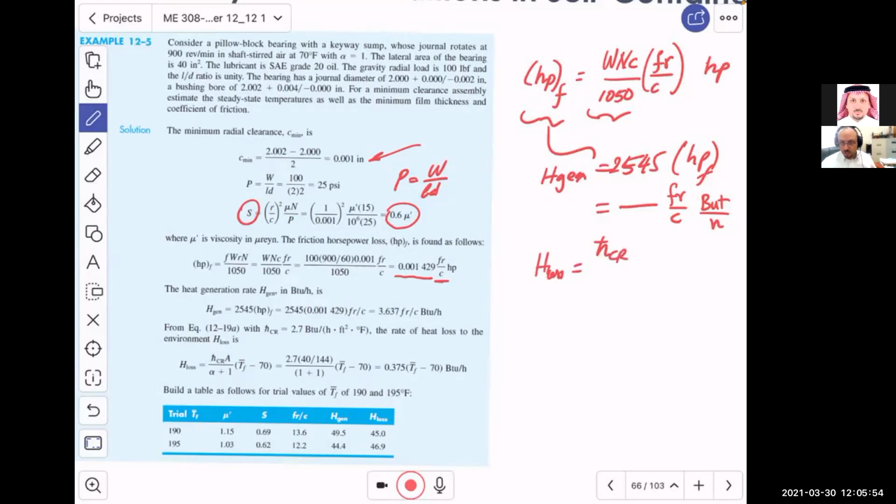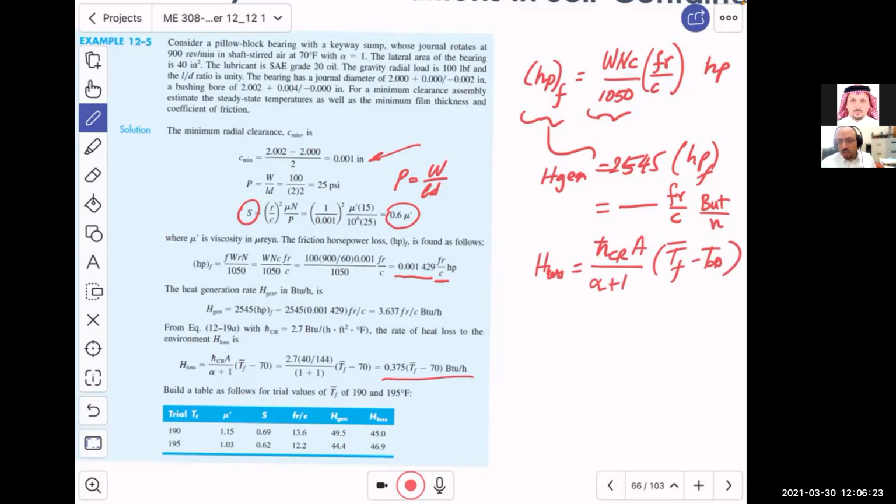HCR, we said that this is the heat transfer coefficient for both convection and radiation, multiplied by the area, then divided by alpha plus 1, multiplied by T bar F minus T infinity. Now, we got this one here again in BTU. We said that we need to do trial and error.